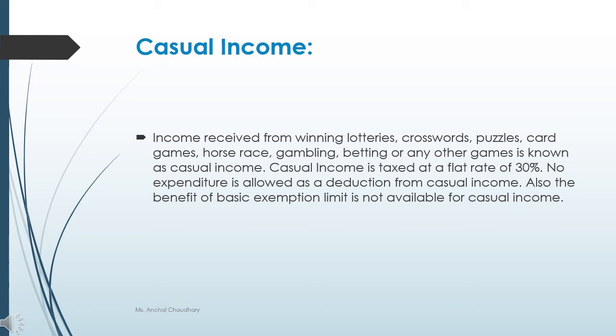Most of the cases your tax has already been deducted, but just in case it has not been deducted till now, in that case you will compute your tax liability on casual income, or you can say other income, separately at the rate of 30%.